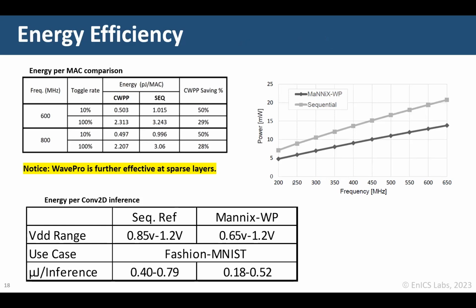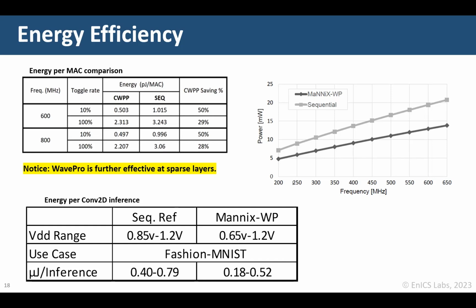So when we have a 10% toggling rate, which actually correlates with sparsity, and as mentioned several times today, sparsity is a common feature in layers, especially as we go deep in the network, we can save over 50% of the power.